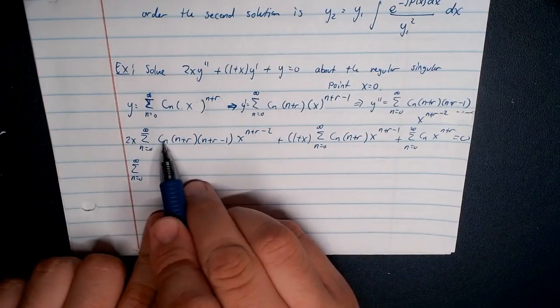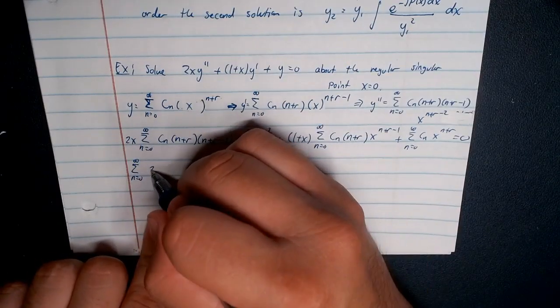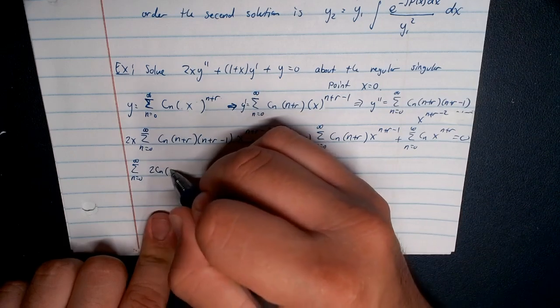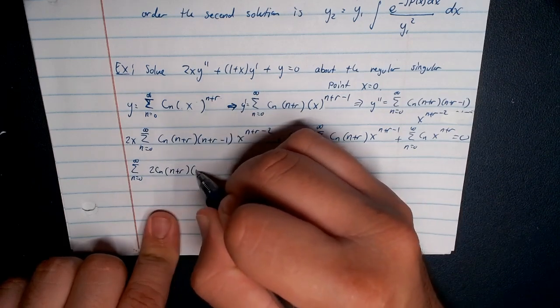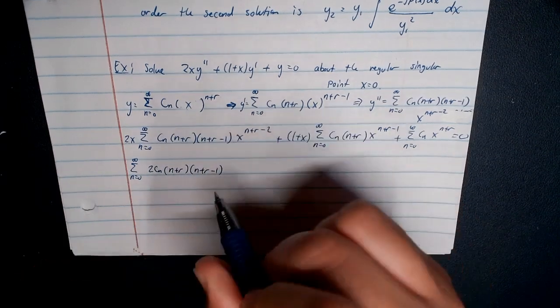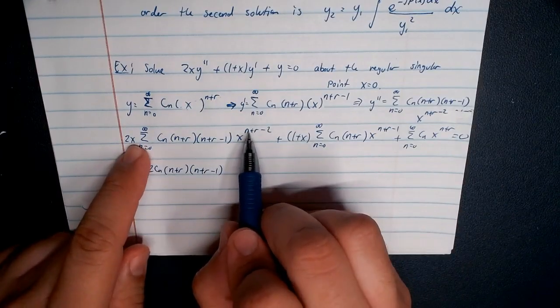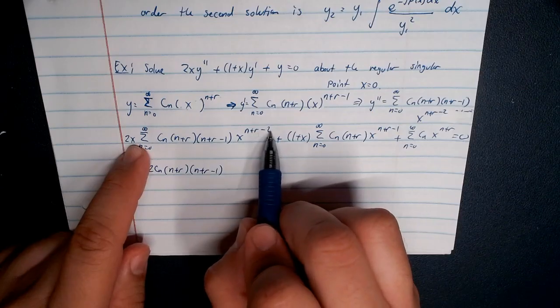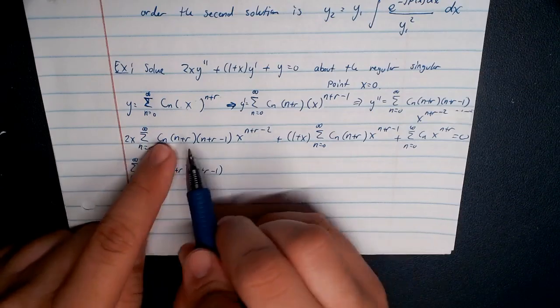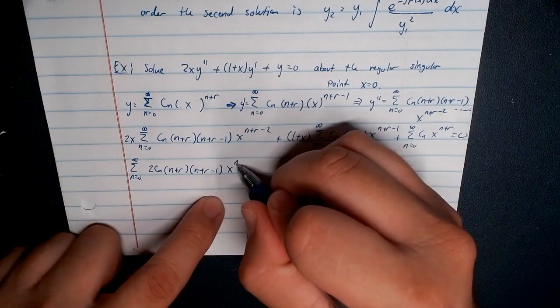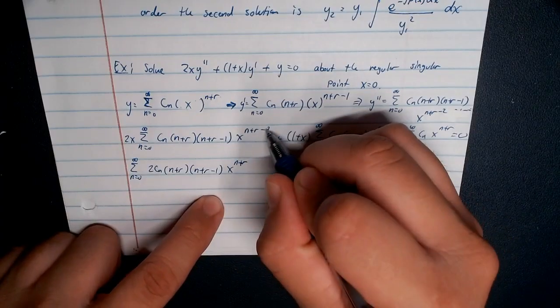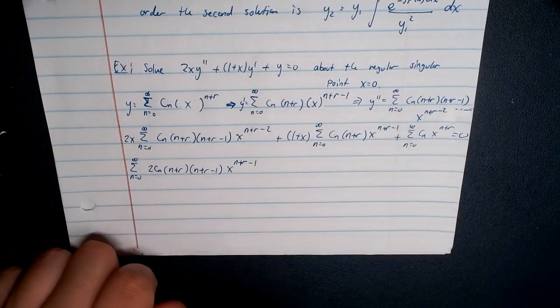The 2 multiplies all of these here, so I'll just put it right there. 2 c sub n times n plus r minus 1. And then here, these variables will go together. x to the n plus r minus 2 times x to the 1. I'll add the powers, and that'll give me n plus r minus 2 plus 1, which will just be minus 1.